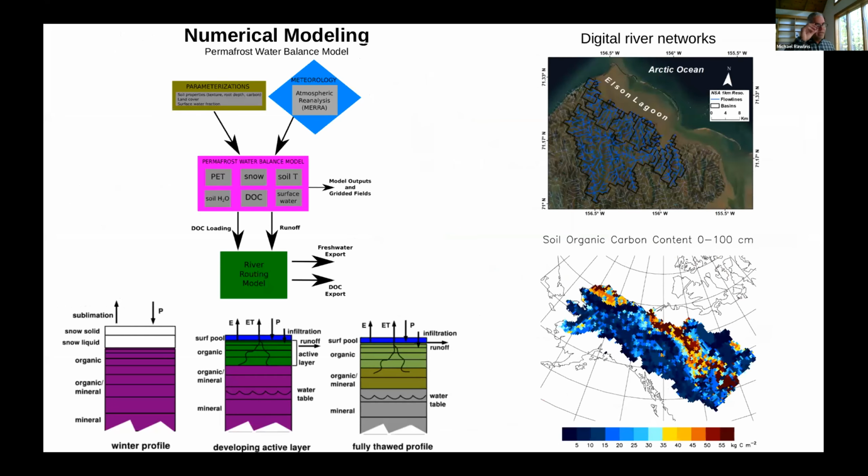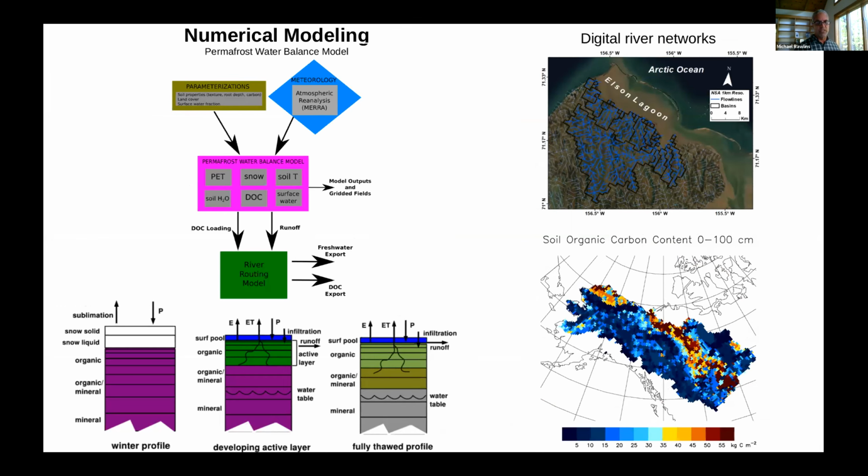The numerical modeling that I'm doing is leveraging the Permafrost Water Balance Model. So that model uses parameterizations for soil texture, rooting zone depth, soil organic carbon content, which is shown in the lower right there from the NCSCD data set. The model typically ingests meteorological data from reanalysis.